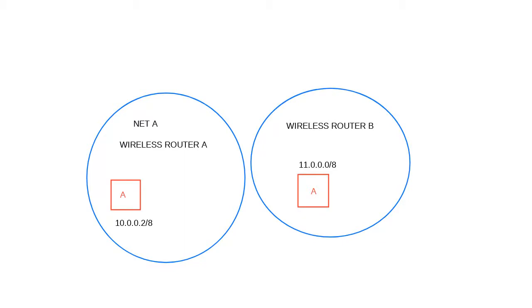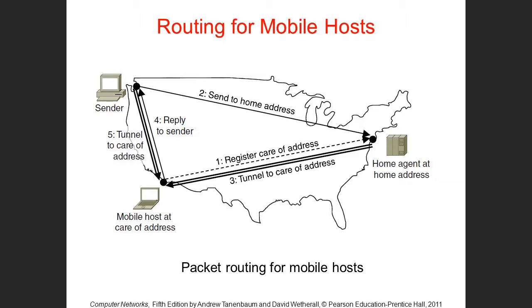Share this picture back with you. Because as per the previous diagram that we discussed, let's now move on to this specific thing. Now, suppose this node over here is the sender who wants to send data.